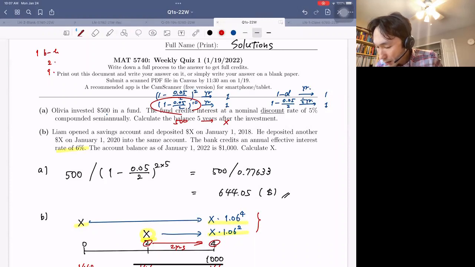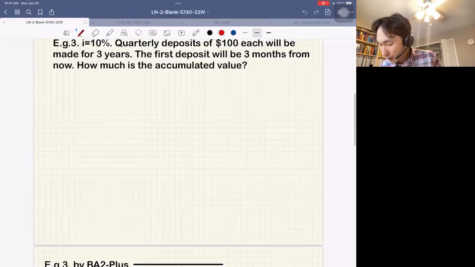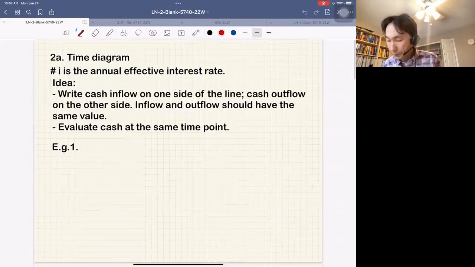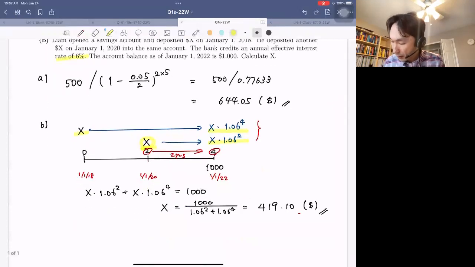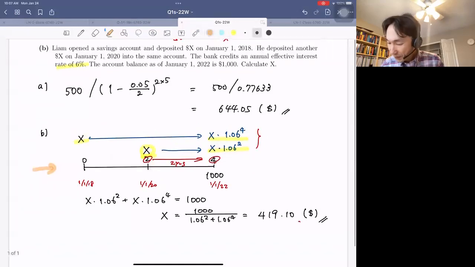Okay, so we have already used this kind of graph in chapter 1, but we have a more rigorous way to use this so-called time diagram in chapter 2.